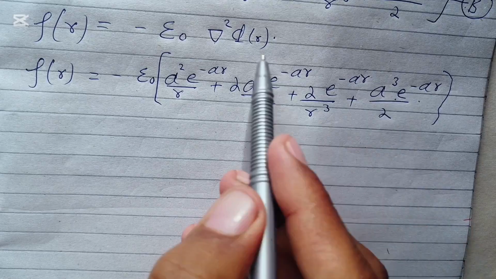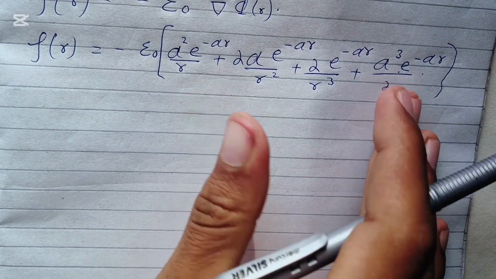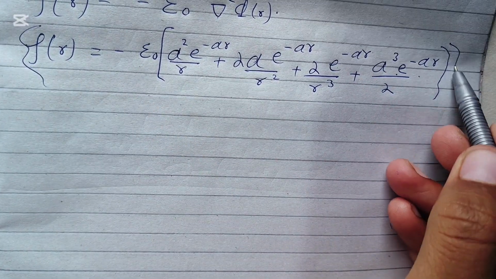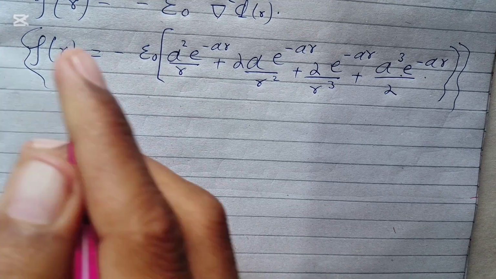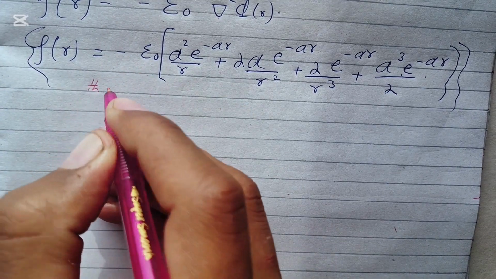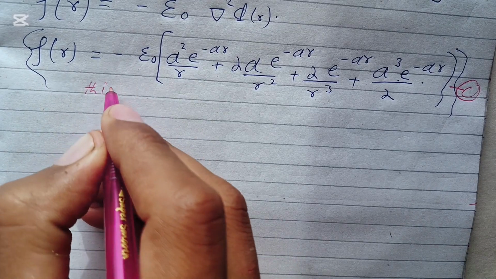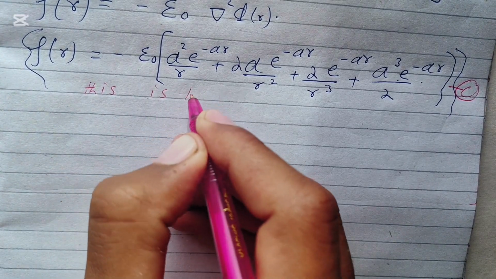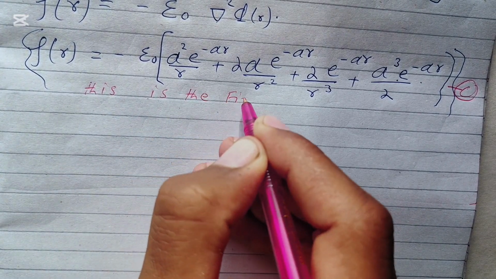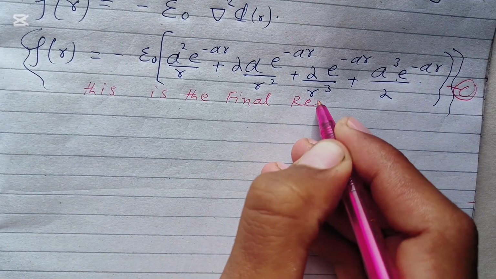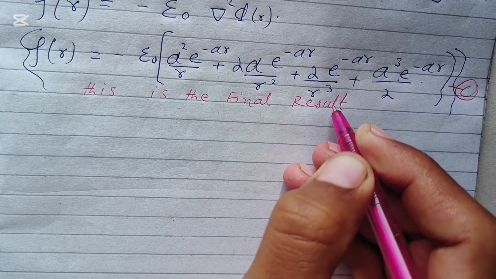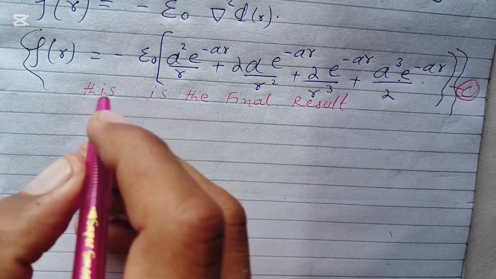of this equation. Okay, we will say that this is equation C, the final result for the first condition.